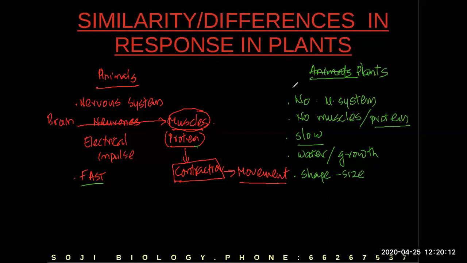Neurons are absent. There is no muscle and muscle protein, and the response is slow. Movement is slow, and there is change in the shape of cells. That's because of entry and exit of water, or due to growth. Increase in the parts of the plant is due to growth. And these are the differences and similarities between response in plants and animals.